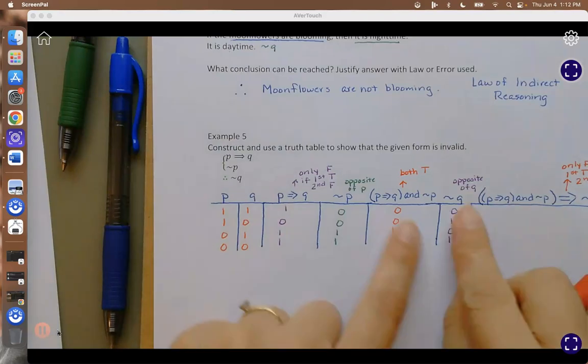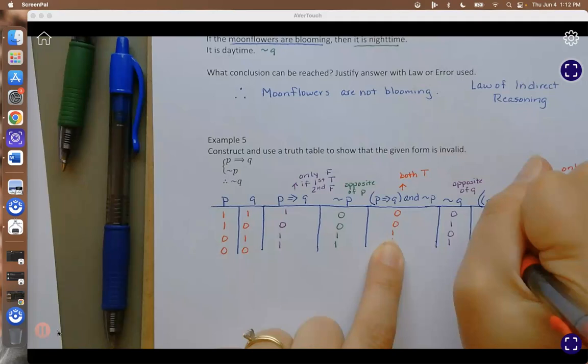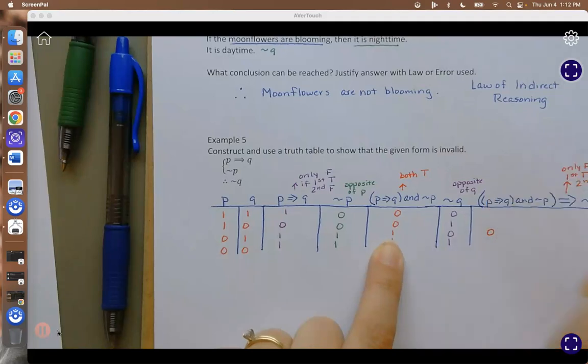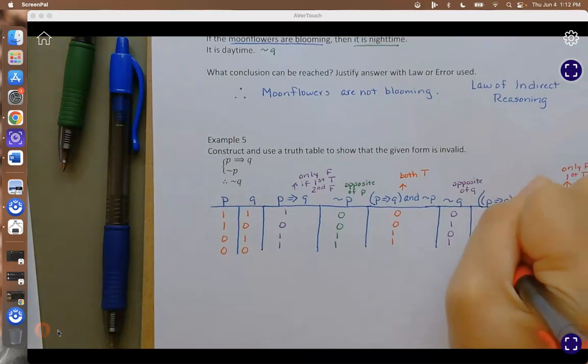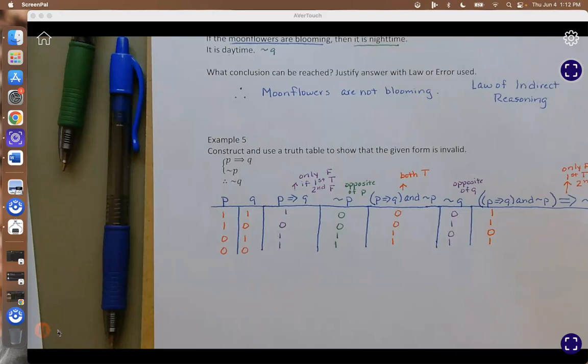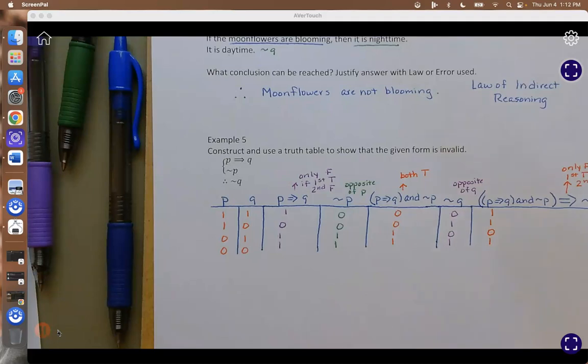Okay, so only false when the first is true and the second's false. So the only one that's off is that. Okay. And there you go. That's your truth table.